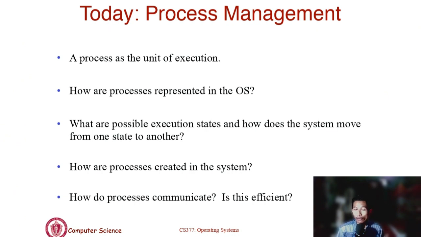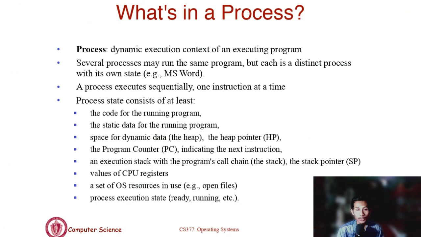To understand these questions, as the first step, let's understand the anatomy of a process within the operating system. A process is the dynamic execution context of a running program. It encapsulates all the necessary information for the program to execute, including its code, data, and execution state.